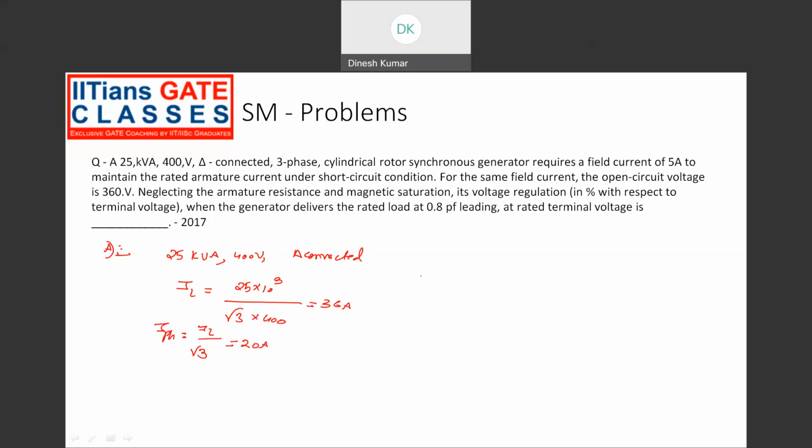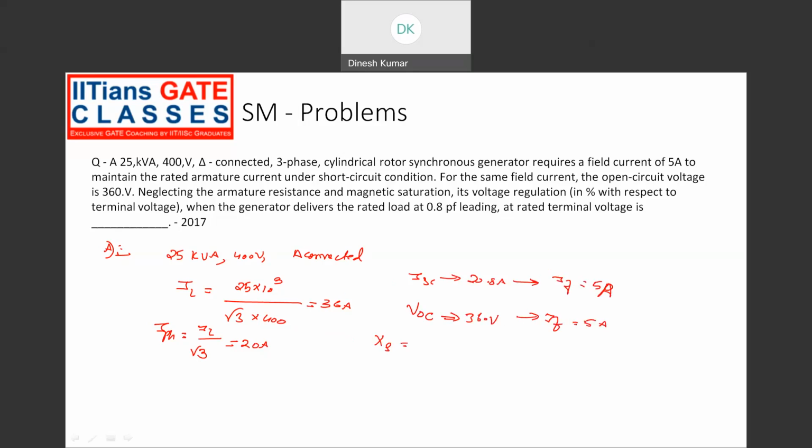So they are saying that to obtain this rated armature current of 20.8 amps, the field current of 5 amps is required, right? And the same field current maintains the open circuit voltage of 360 volts.